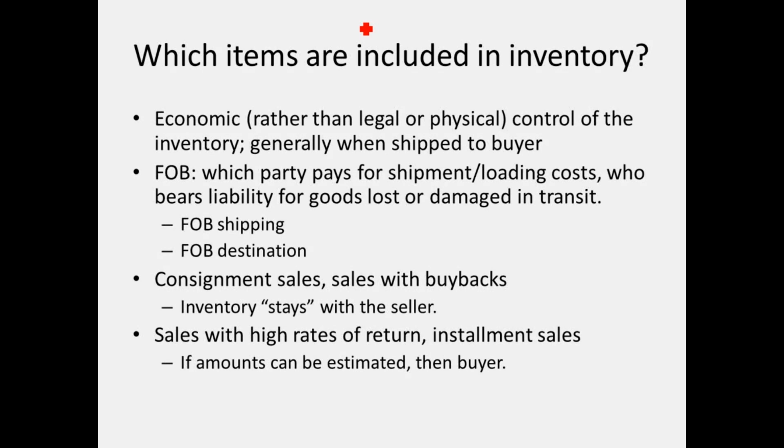So there are two terms: FOB shipping and FOB destination. Anyone know what FOB stands for? Okay, sometimes you'll see free on board or freight on board. So it means it's in the process of being on board something. Now, that would be in the old days when there's a vehicle that's transporting it.